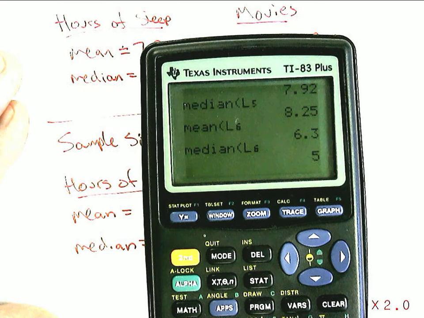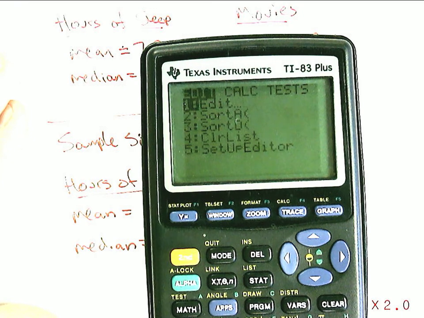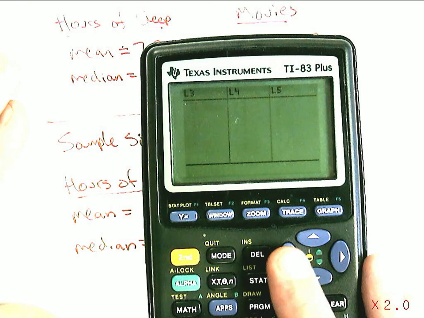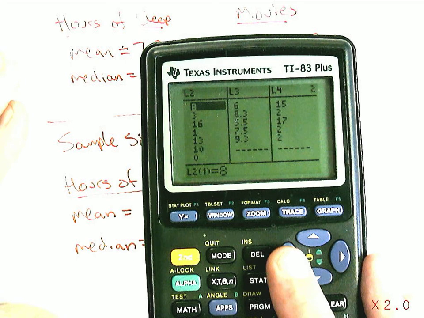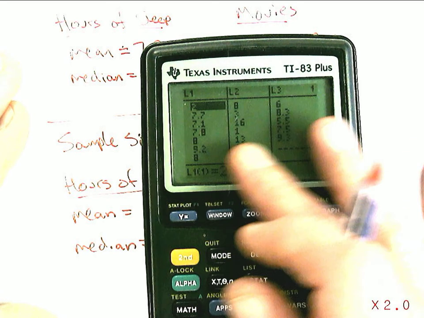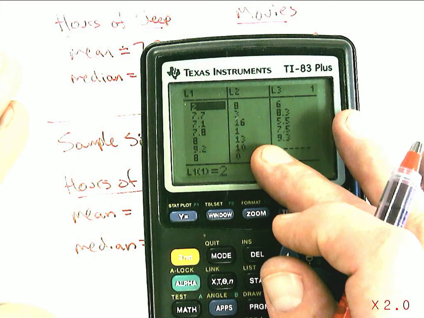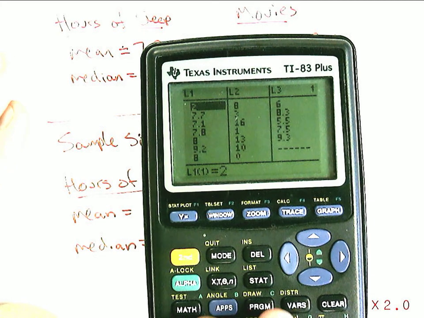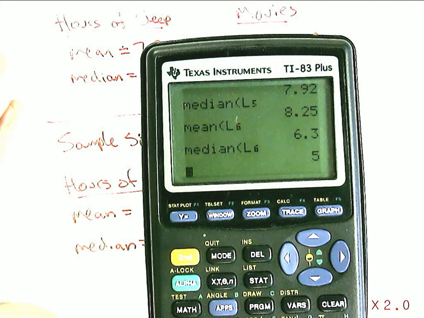They're actually in my list 1 and list 2. My list 1 is my sample of 30 for hours of sleep, and my sample of 30 for movies watched. So I'm going to go ahead and see what I got for means and medians for those.